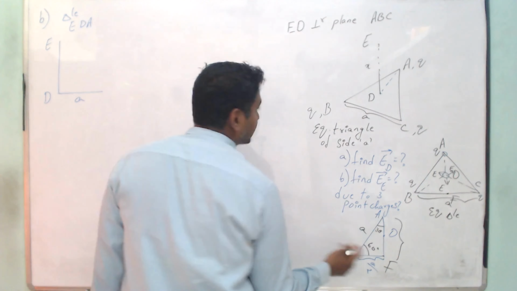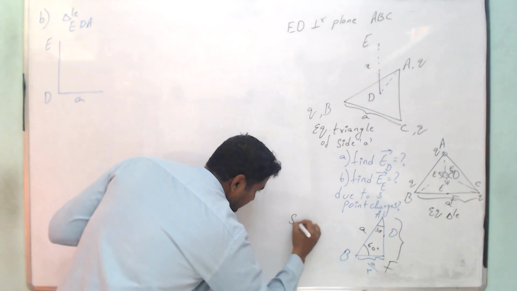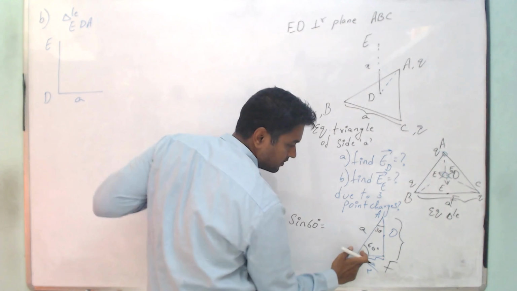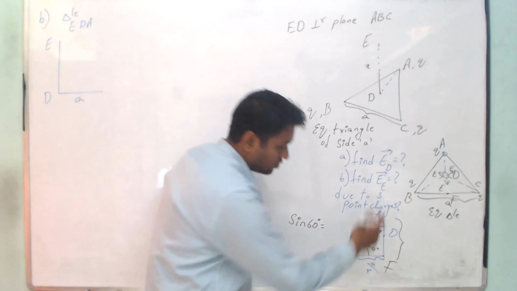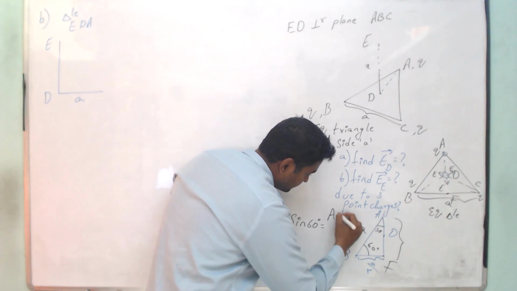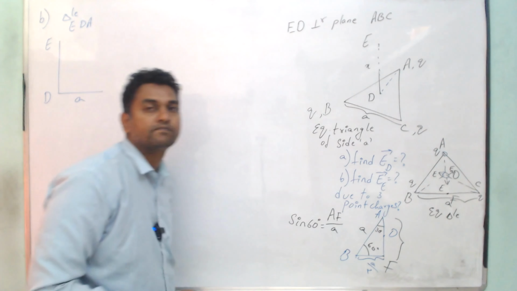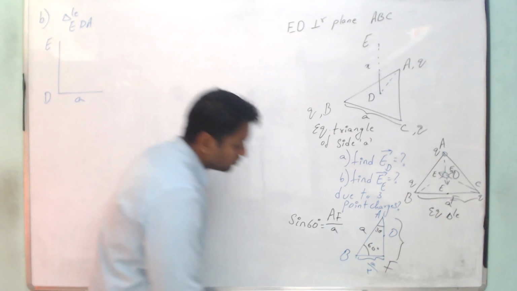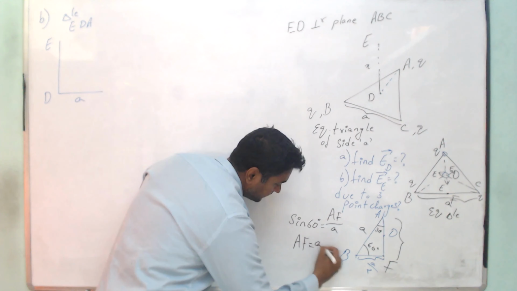So let me do sin 60. Sin 60 degrees is opposite by hypotenuse. Opposite is AF divided by hypotenuse a. Is this clear? Now, therefore, AF is equal to a times sin 60.